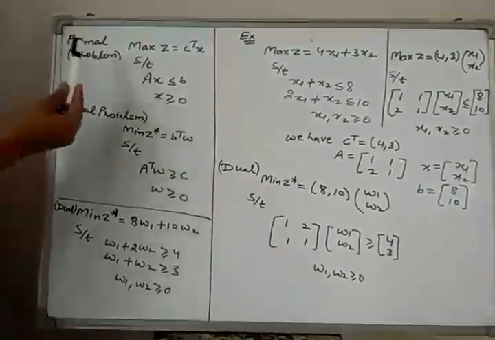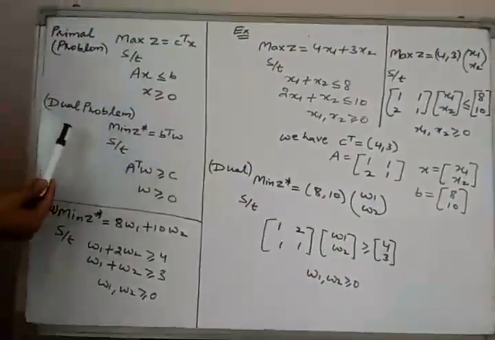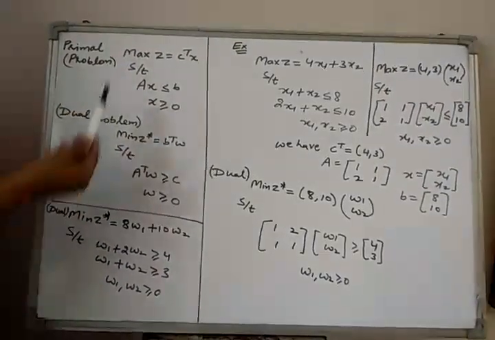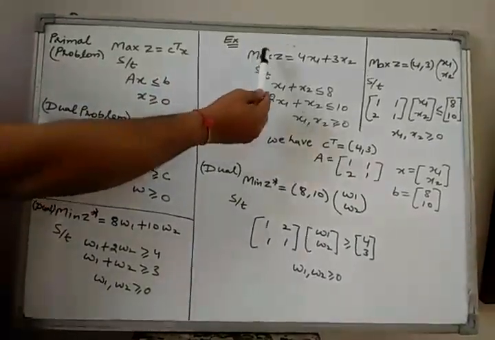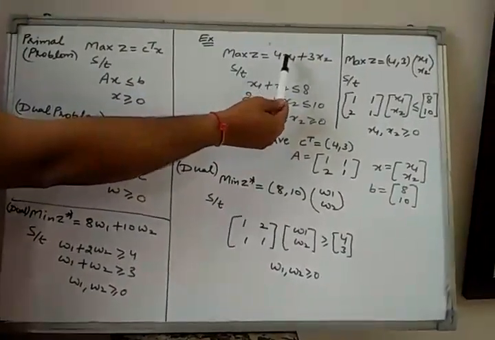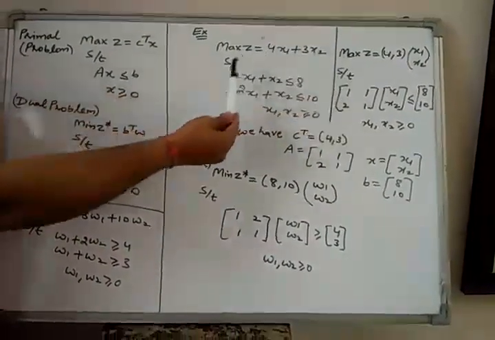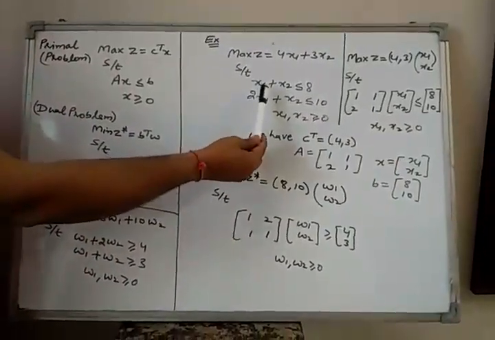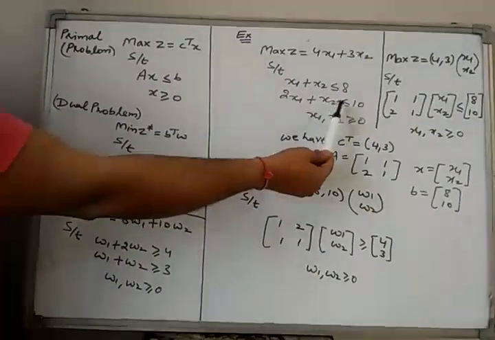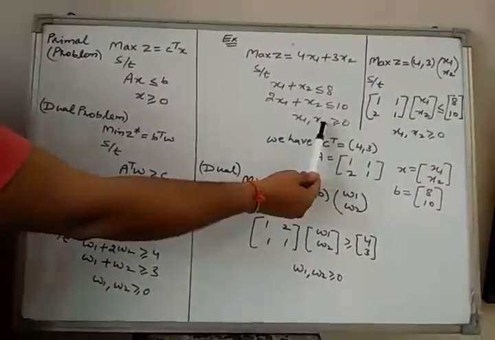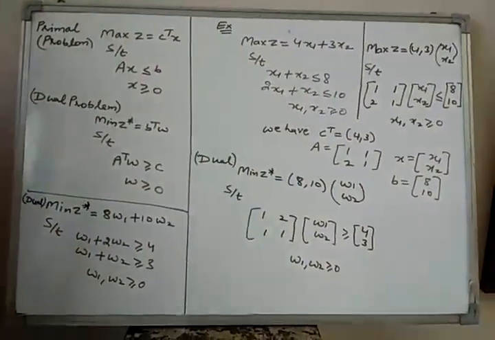To understand the concept of primal and dual problems, let us make it simple with the help of an example. Consider this problem. Maximize z, objective function as 4x1 plus 3x2, subject to the constraints x1 plus x2 less than or equal to 8, 2x1 plus x2 less than or equal to 10, x1, x2 both non-negative.